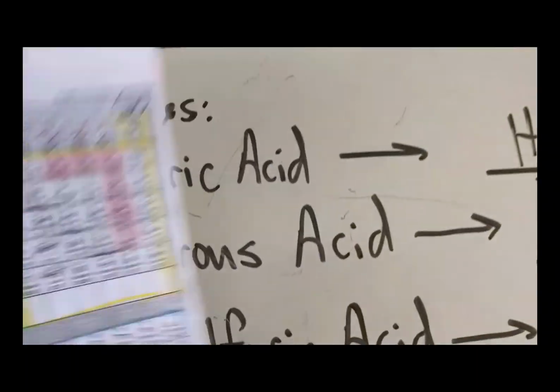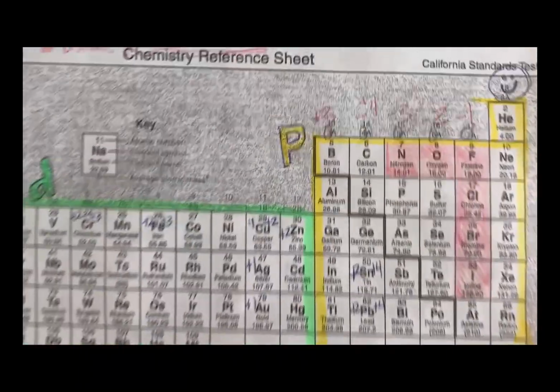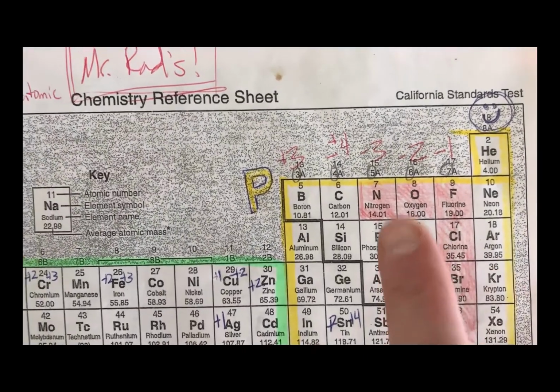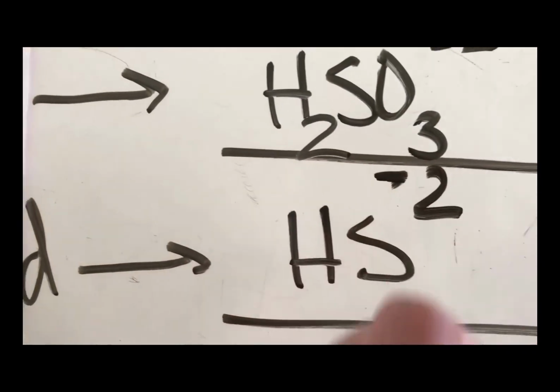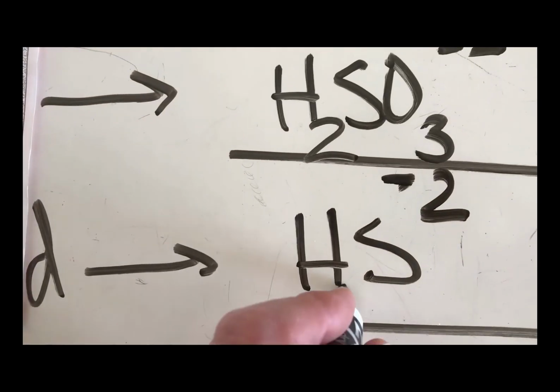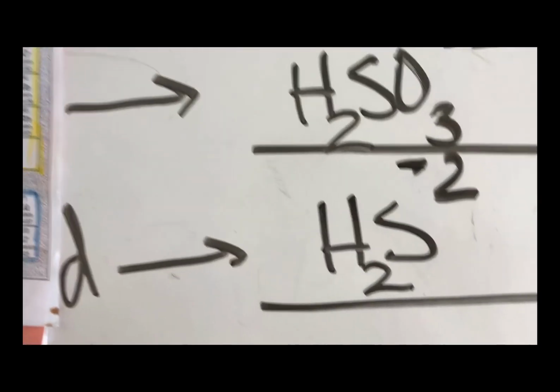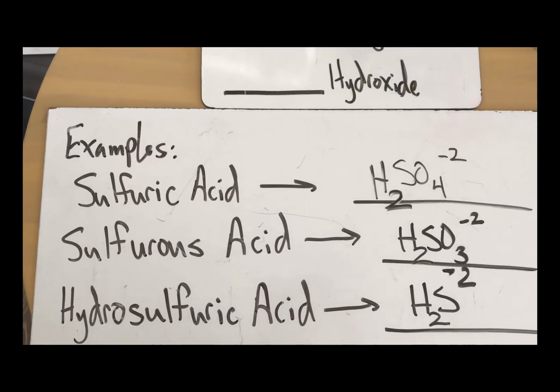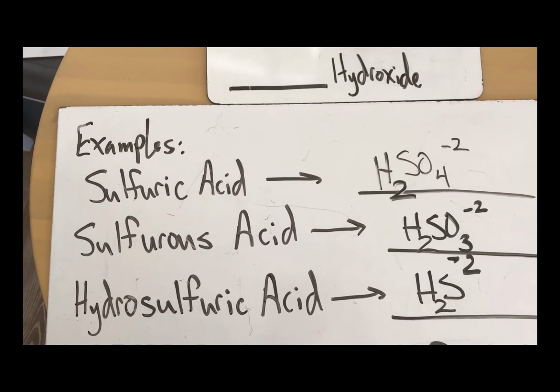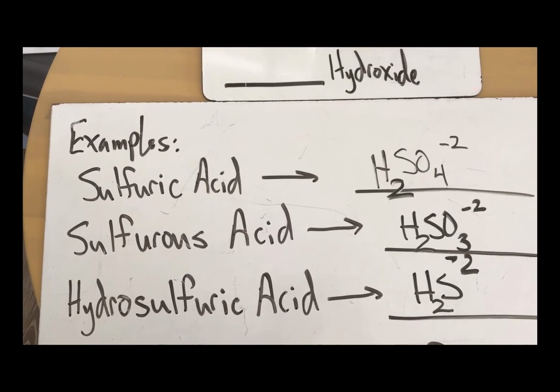I still have to remember its charge. Sulfur's charge is right here, a negative 2 as well. So this crosses down, and it is H2S. These are the different variations for those three chemical formulas and those three acid names.